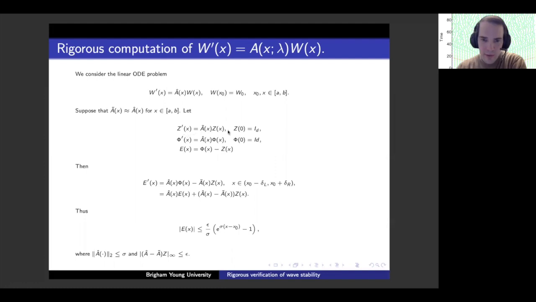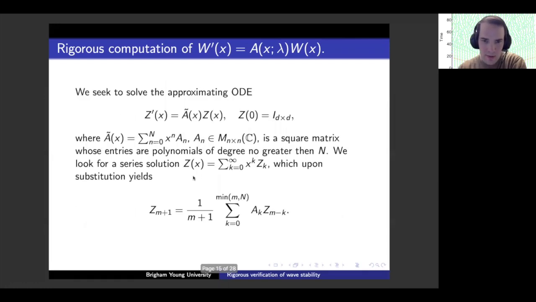How do we solve for this Z? It's straightforward, I should mention, to find the error between A hat and A tilde. So how do we get a rigorous enclosure of Z? We just use a series representation of Z, and it's not too terribly hard to bound the error, the tail end of that series.